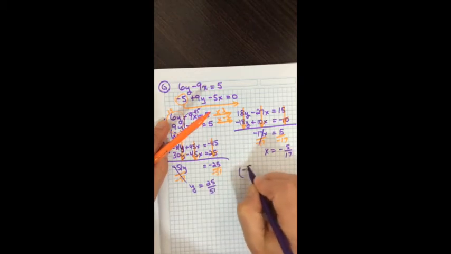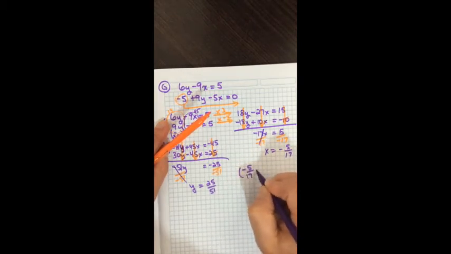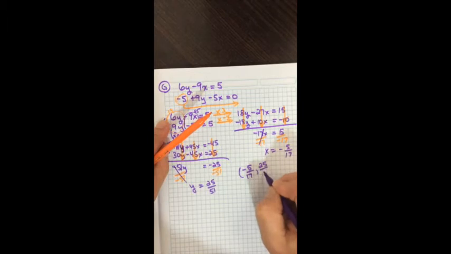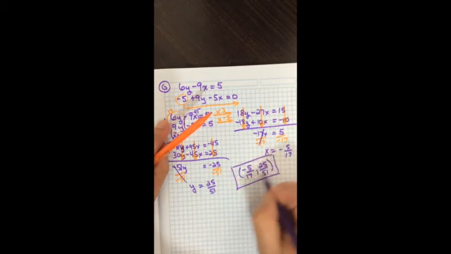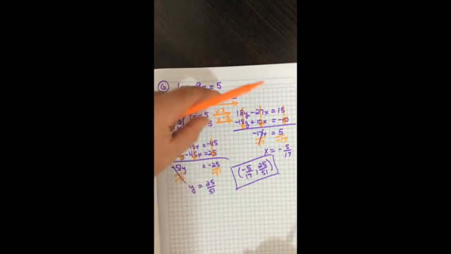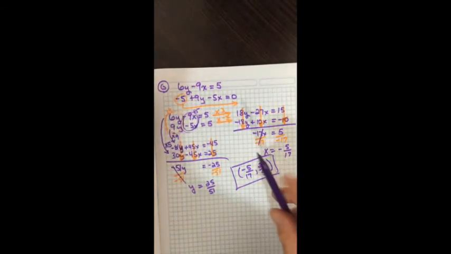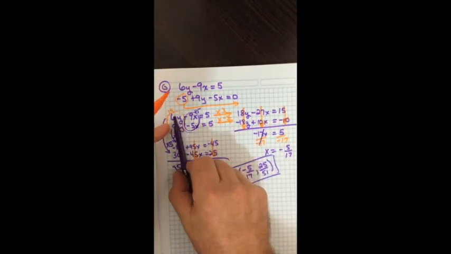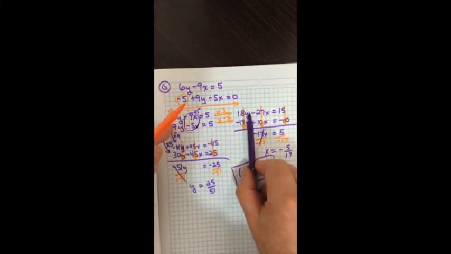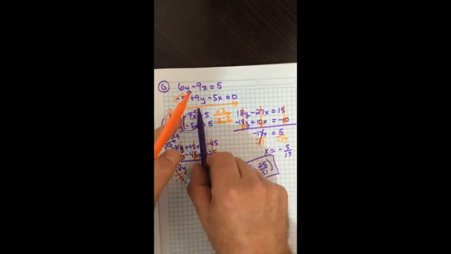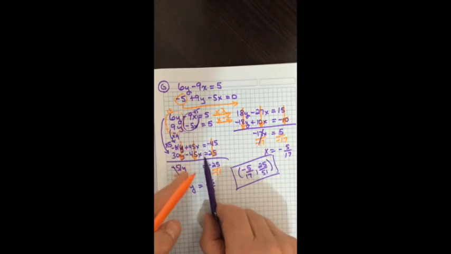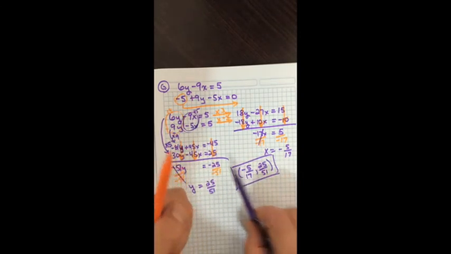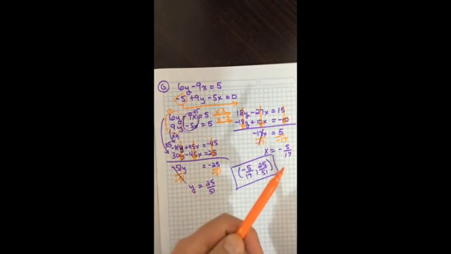And there's our answer, -5/17 and 25/51. So we got this really complicated answer, and I didn't really do any fractions anywhere. First, I took this problem and made the y's go away. Then I just redid the same problem and made the x's go away, and I got these complicated answers without ever having to do a fraction kind of problem.